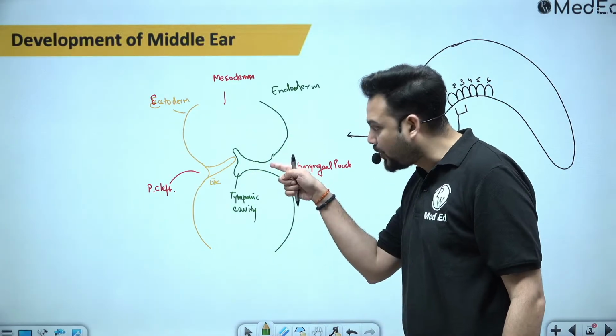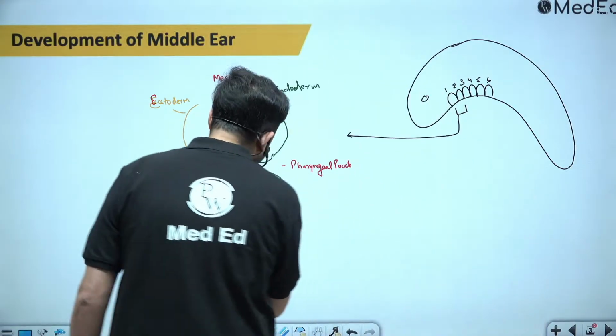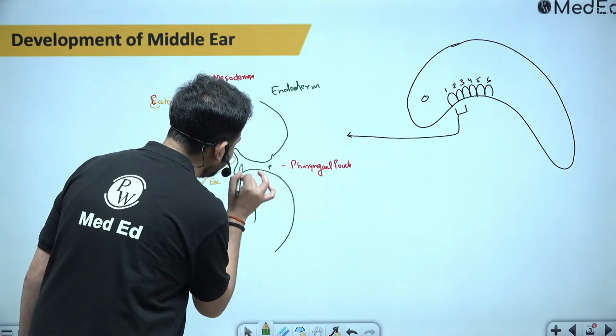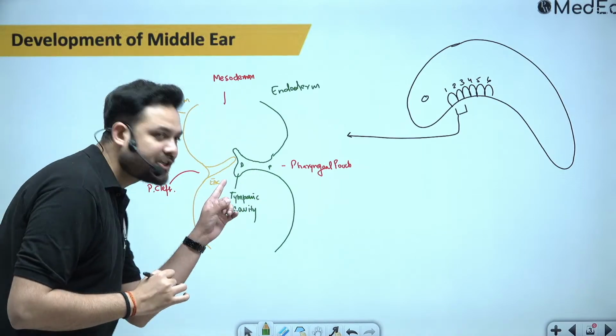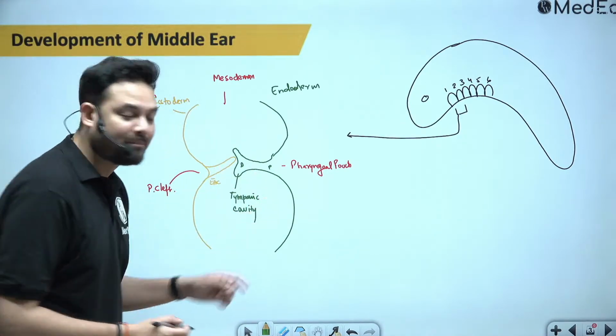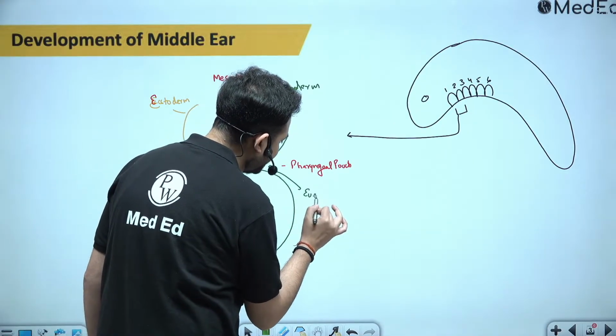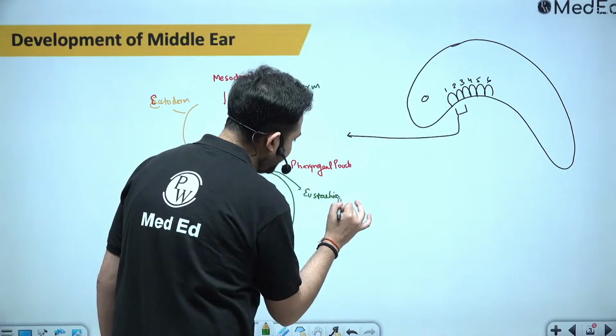And what is the proximal portion of the pharyngeal pouch going to make? This is the proximal portion of the pouch, this is the distal portion. The distal portion makes the future tympanic cavity, and the proximal portion, which looks like a tube, is going to make the eustachian tube.